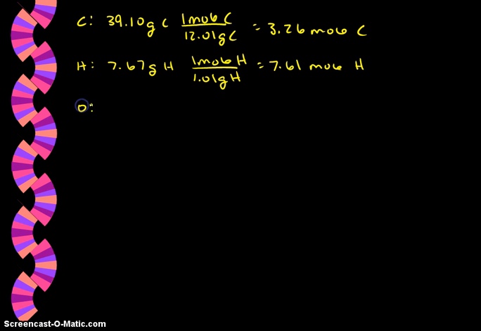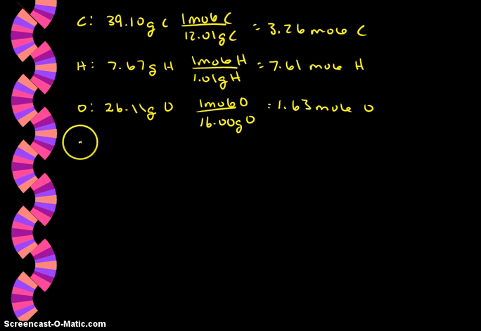For oxygen, we have 26.11 grams of oxygen. And we'll divide that by the atomic mass for oxygen. That'll give us 1.63 moles of oxygen.